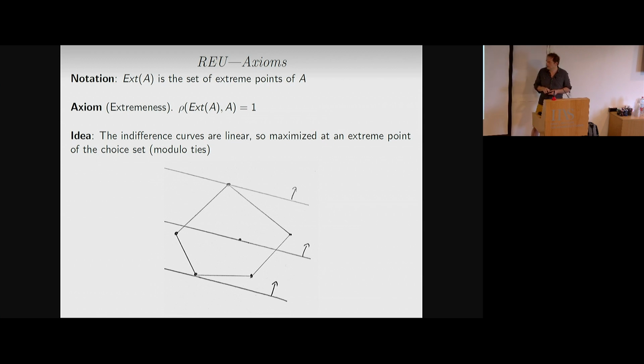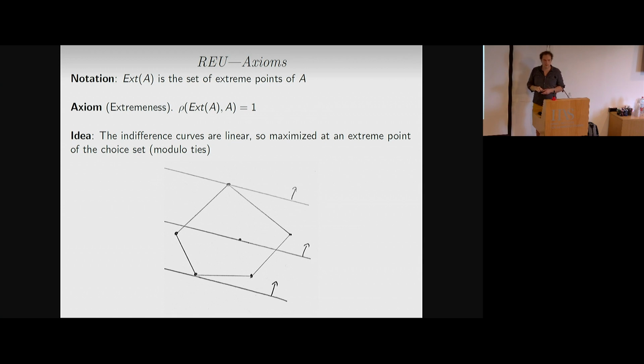Why is that? Because the indifference curves of a von Neumann-Morgenstern utility function are linear and parallel. So something that's linear and parallel will never get maximized in the interior of the set. It's always going to be on the face of the set.